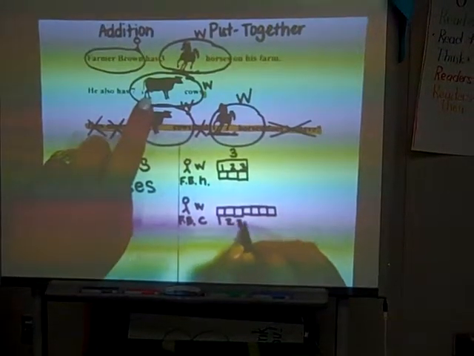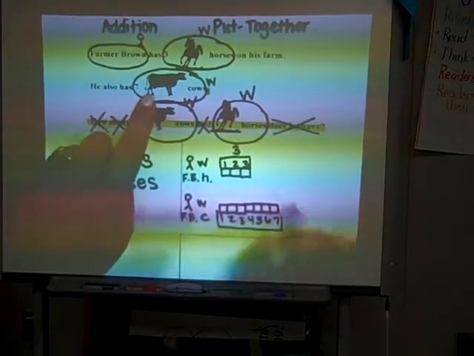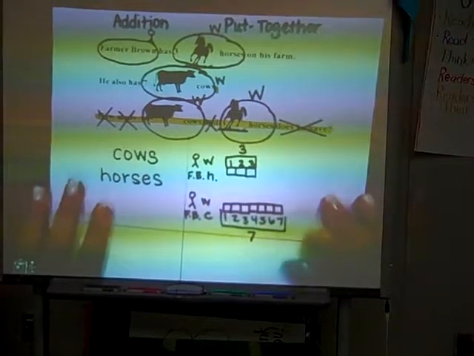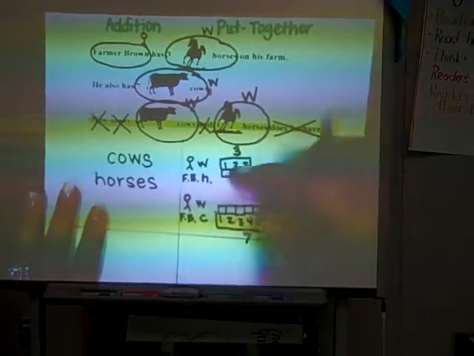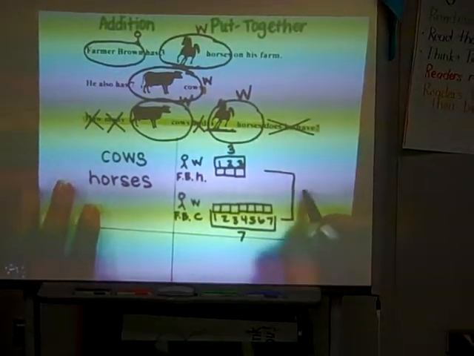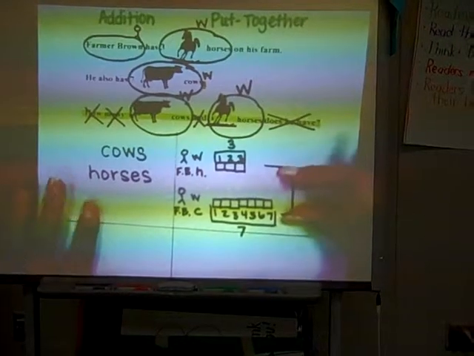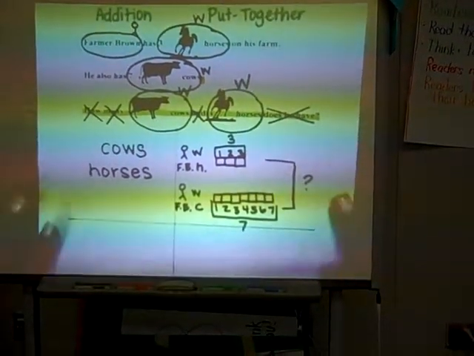Label. And put your bracket. Okay. We are putting these two numbers together, and we want to know how many cows and horses. So we put a bracket at the end with a question mark showing how many cows and horses it will be when we put this together.